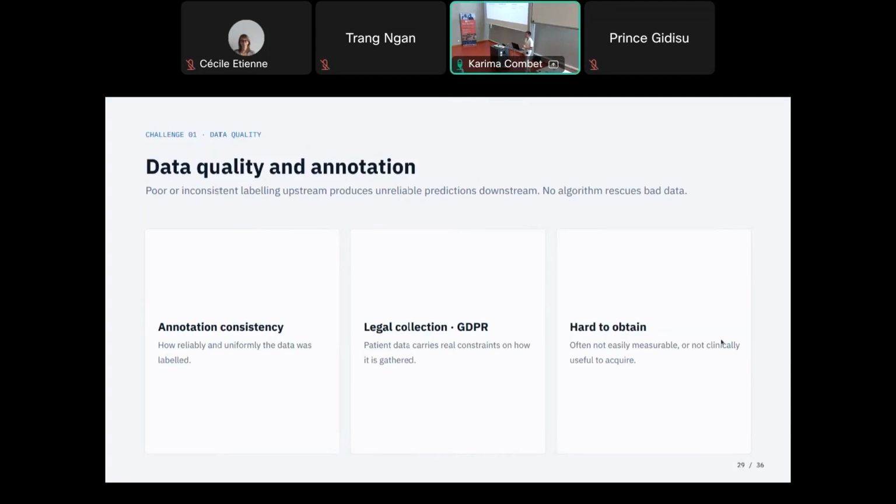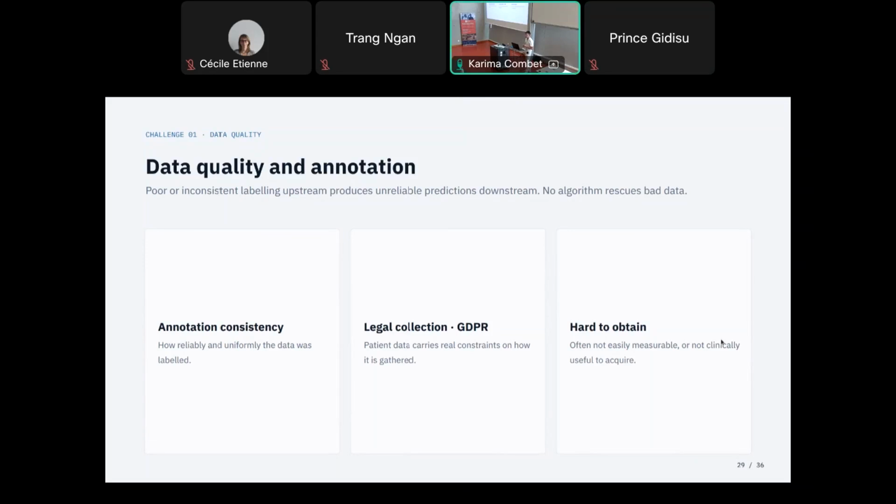For example, we need to collect the data with GDPR compliance. Now we have the AI Act going on top of that, and we need to respect this regulatory framework to make it usable in reality.